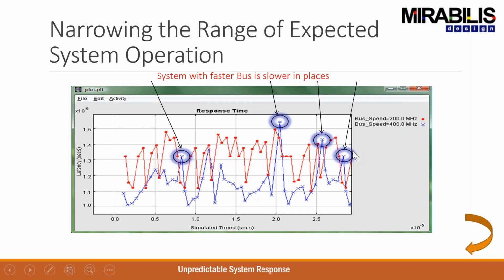Now, it's not 50%, but it was lower by about 15 or 20%. But notice these points which I've circled. What is happening is the system with the faster bus is actually slower. So what are the reasons for this? If you go back to the design, we had a lot of processors and DSPs. Because these buses are faster, they're pushing more data into the processors, which in effect is allowing the processor to start buffering more of these transactions.